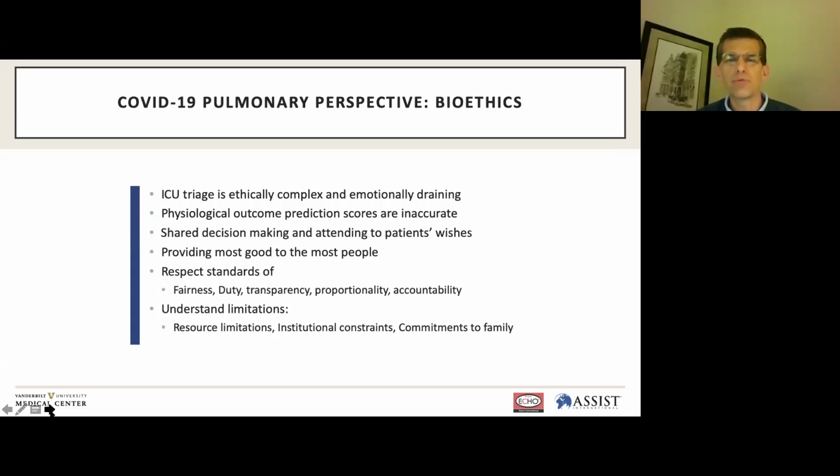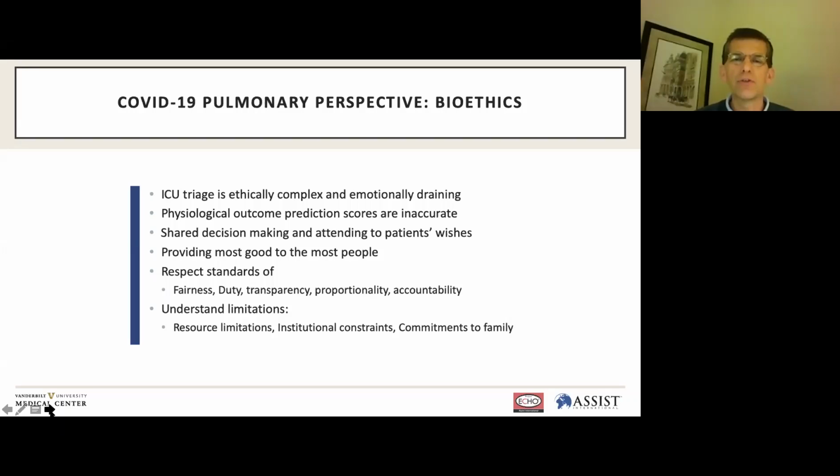We always respect they're handling the best way possible these difficult situations, and the literature offers some guidelines on how to eventually consider triaging and prioritization in the most ethical manner possible. We need to consider physiological outcome prediction, and yet we know that the scoring is not particularly easily available or easily accurate, rather. Shared decision-making and attending of patients' wishes remains a priority and yet not always feasible.